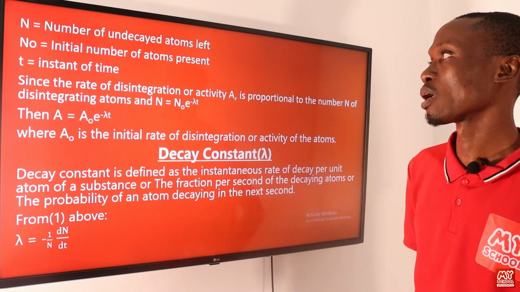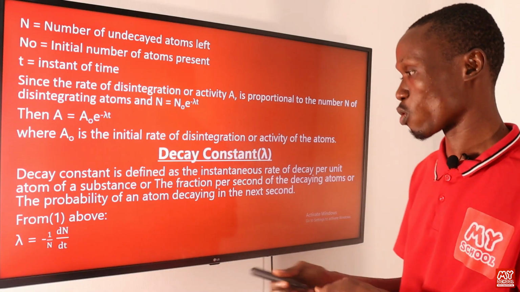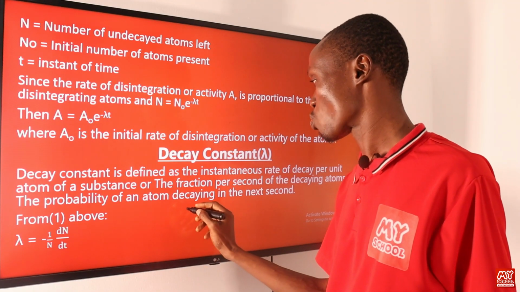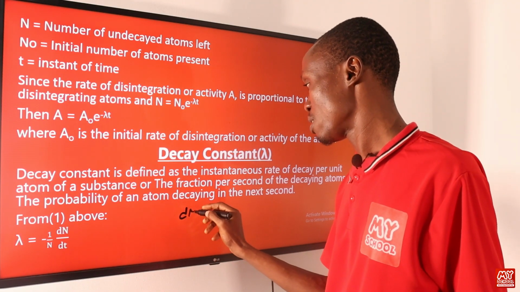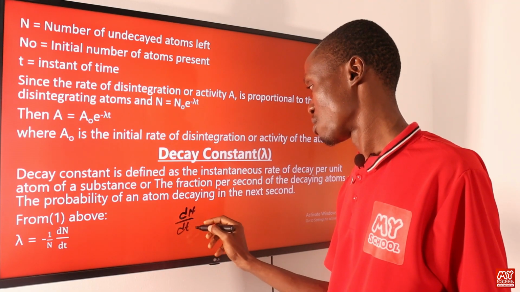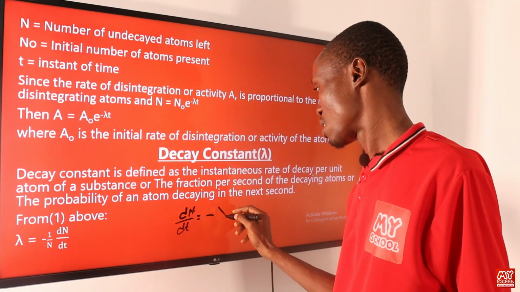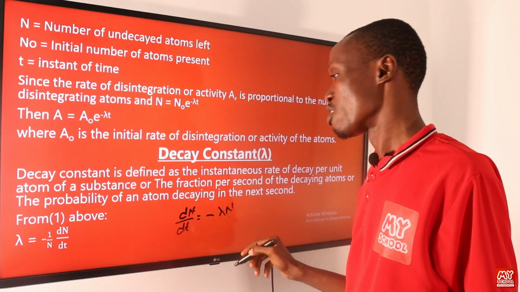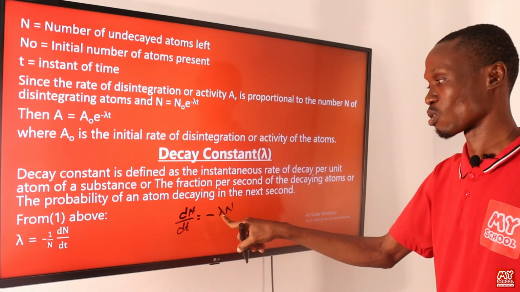Let me write it down and show how this equation came about. This was our equation 1, dN over dt equals minus lambda N. Basically here we want to make lambda the subject of the formula.